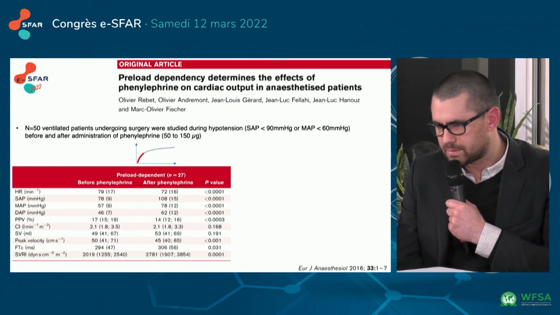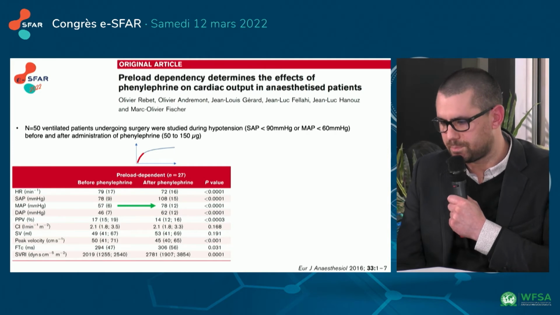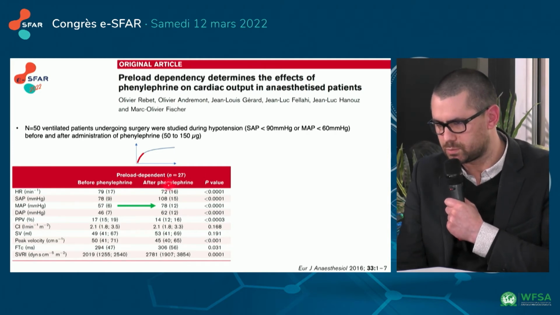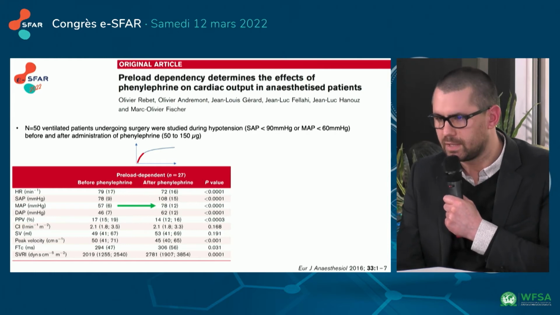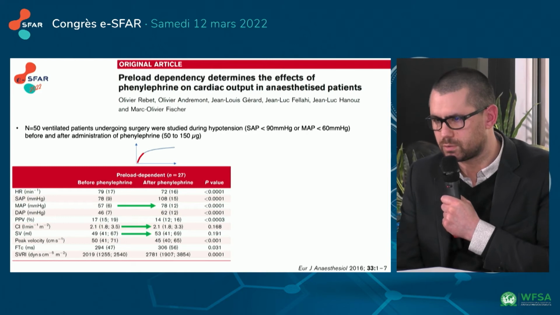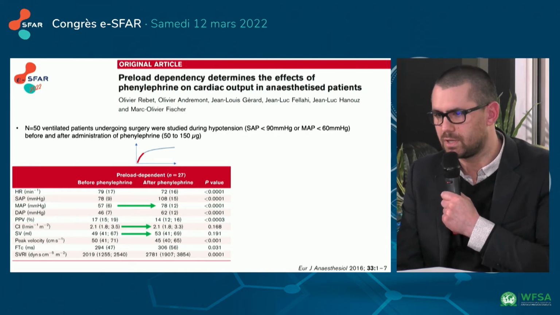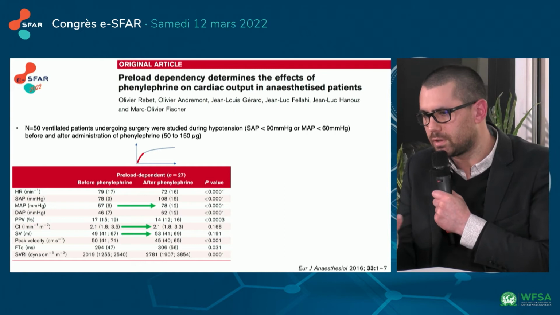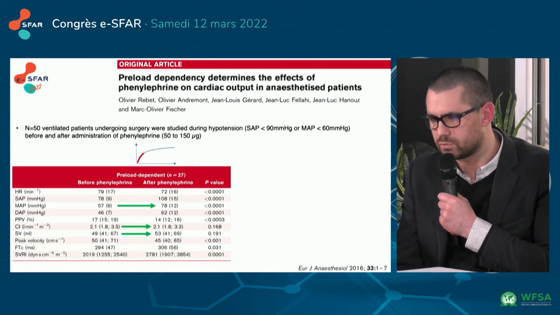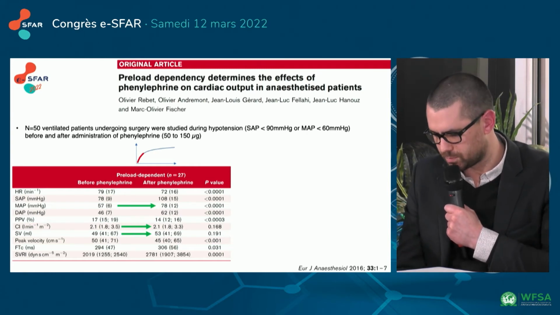I mean that if you have a preload-dependent patient, which is a patient who is here on the Frank-Starling curve, finally, when you add some phenylephrine, you're gonna increase mean arterial pressure, but at the same time, you do increase the stroke volume, which might be beneficial to your patient.